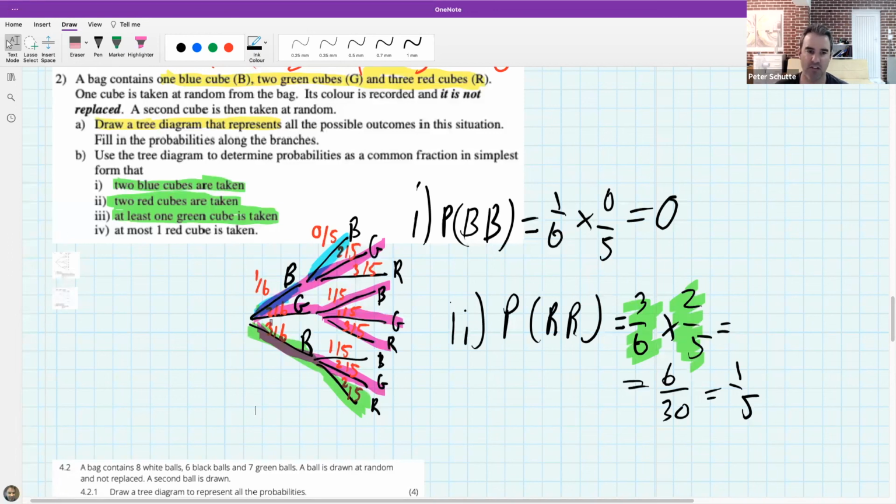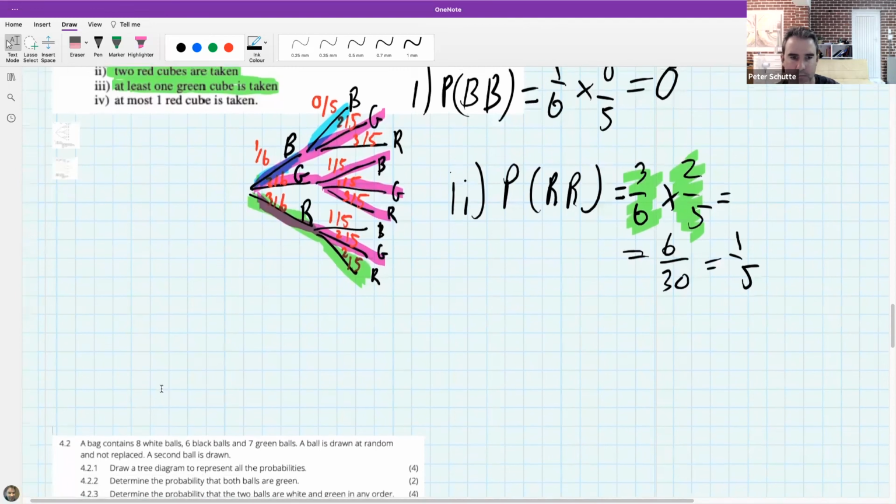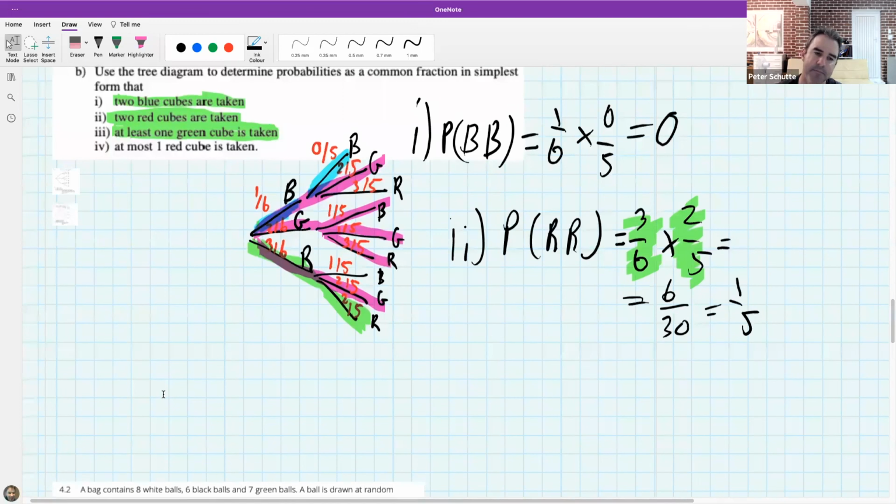So how would you get the answer to that? Is the question. And then I think we're going to finish for tonight at that point. We can go and do the quiz. So at least 1 green cube is taken. At least 1 means we still include the situation where it's green, green. So there isn't 5 branches.